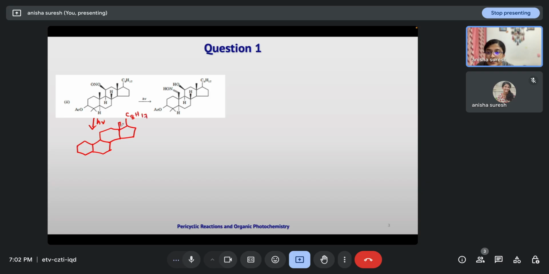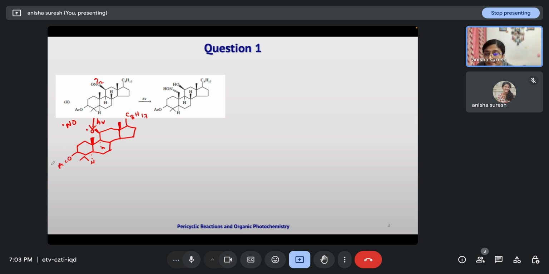Here there is a methyl group and here ONO. So that will undergo homolytic cleavage. This bond will homolytically cleave, giving O radical and NO radical. And here there is a methyl, here there is a hydrogen, hydrogen, two methyls, OAc.